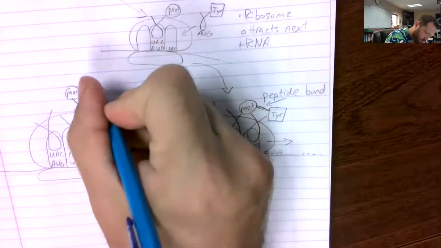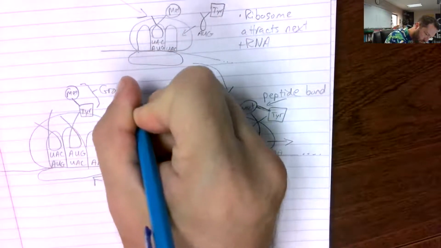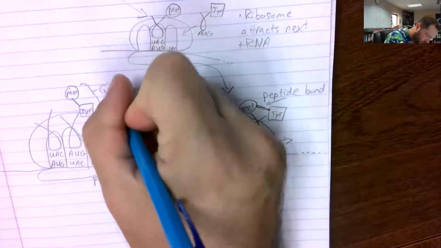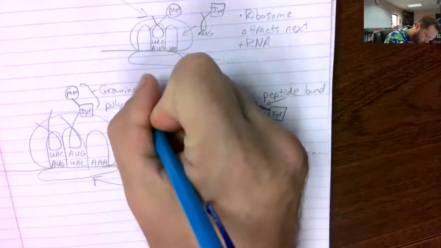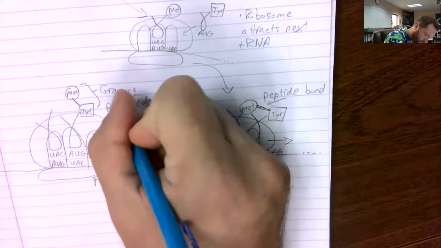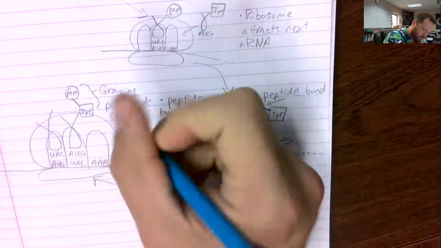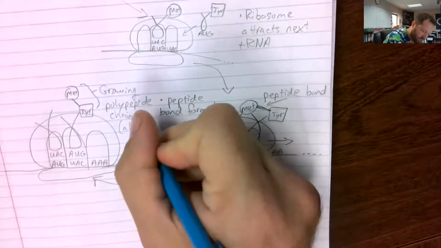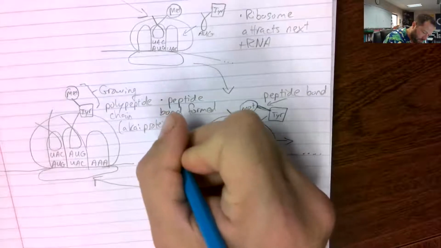And what we're seeing here is a growing, what we call, polypeptide chain, also known as a protein.